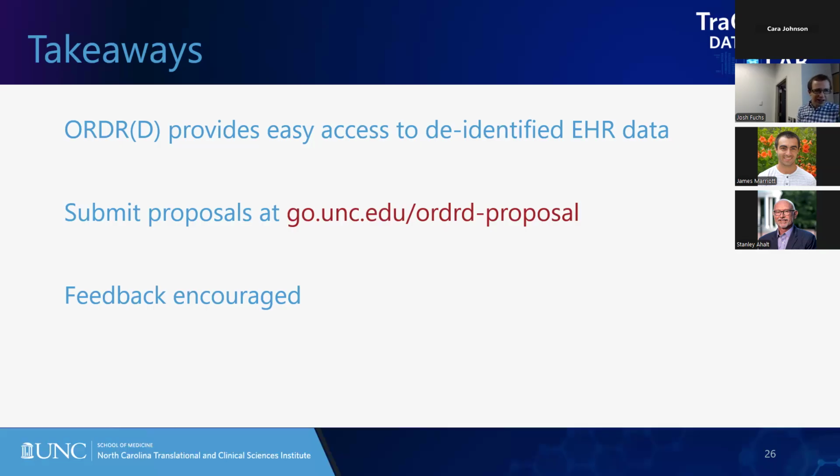Then one other question: could you talk about the IRB approval perspectives for gaining access to this data set? Yes, I'm glad somebody brought this up, because it's a really important aspect. IRB approval is not required for projects in Ordr. This was another lengthy regulatory conversation that we had with the IRB.